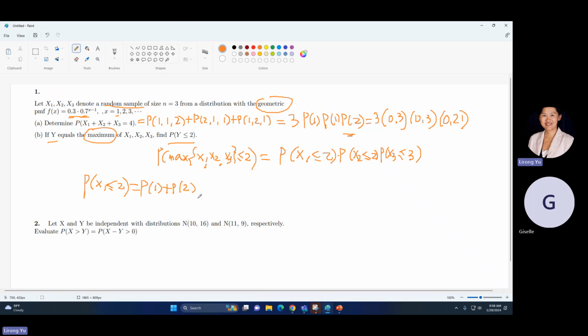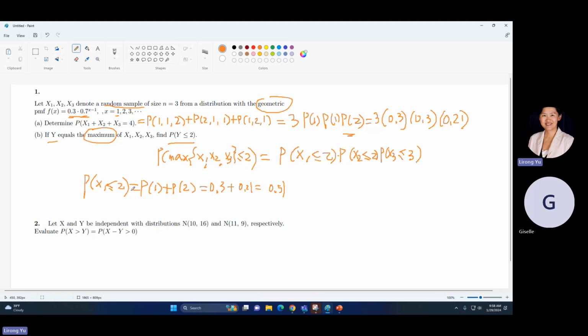So we calculate the probability that x equals 1, which is 0.3, plus the probability that x equals 2, which we already calculated as 0.3 times 0.7, which is 0.21. If you combine them, you end up having 0.51.